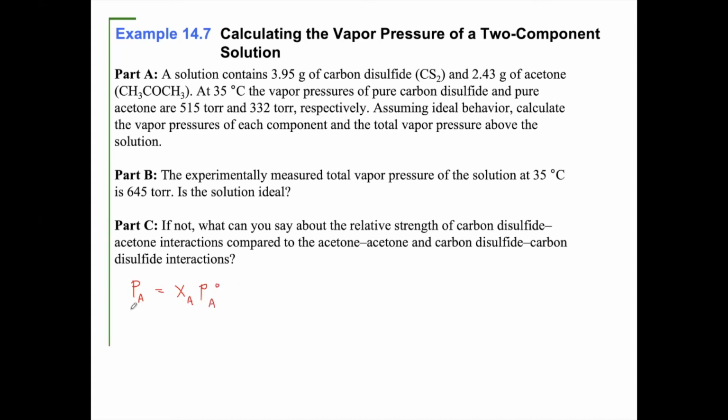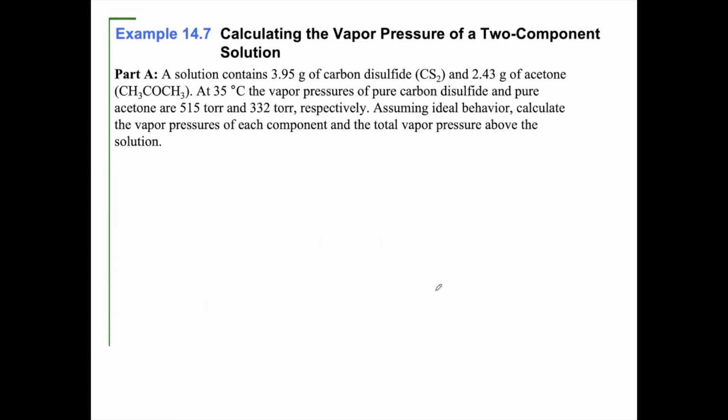The same for B. This is just like the previous example, except now we're specifying which one is which. And the total pressure is going to be the sum of those partial pressures, which is consistent with Dalton's law of partial pressures.